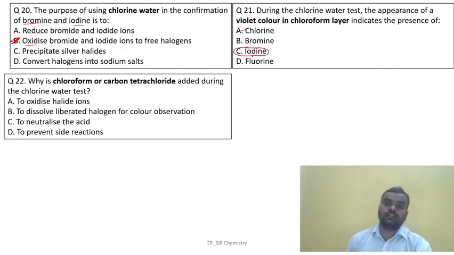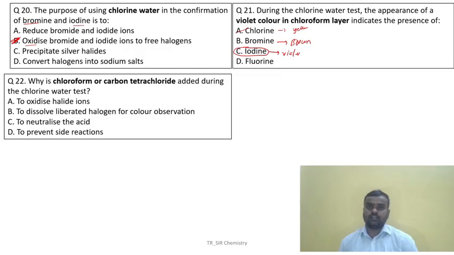White means chlorine. This will be violet, this will be yellow, or better, brown, and chlorine will be yellow or white. But here we do it only for confirmation of bromine and iodine, not chlorine. So the correct option is violet color, that is iodine.